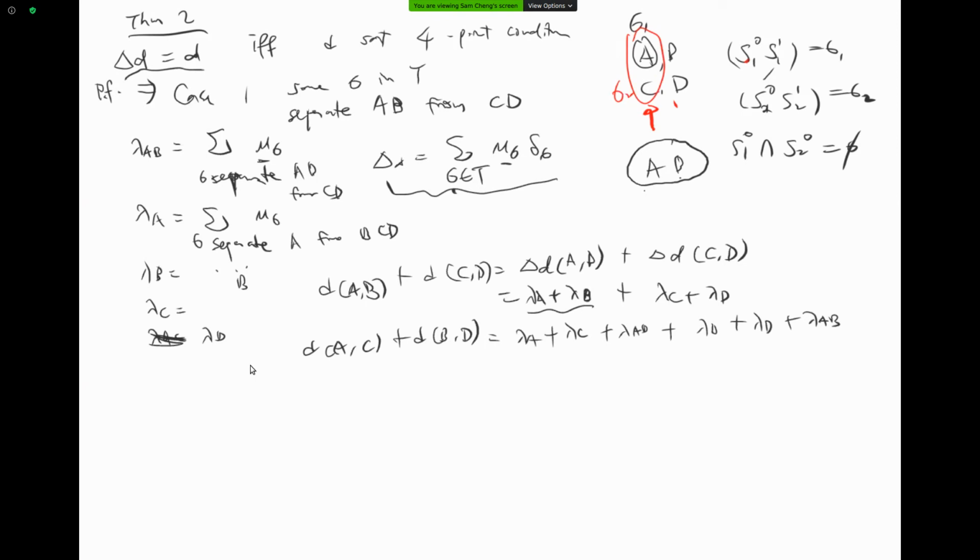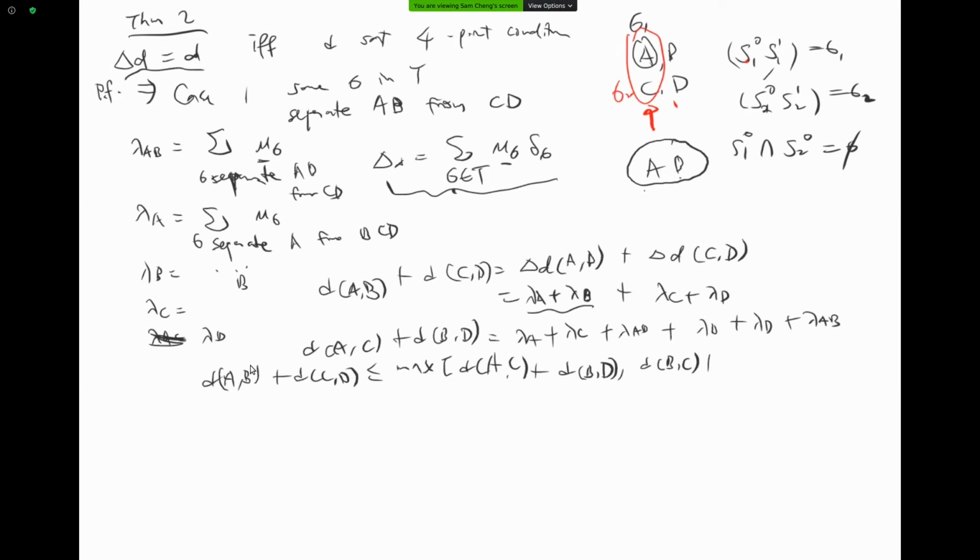Actually, from that it's already okay, because for this case I already satisfy this four-point condition, because the four-point condition is D AB plus D CD is less than or equal to the maximum of D AC plus D BD and D BC plus D AD.